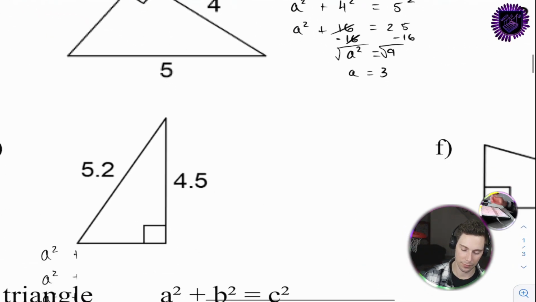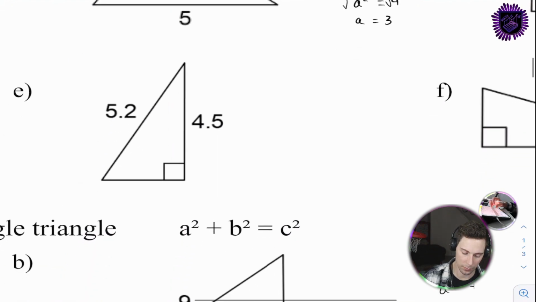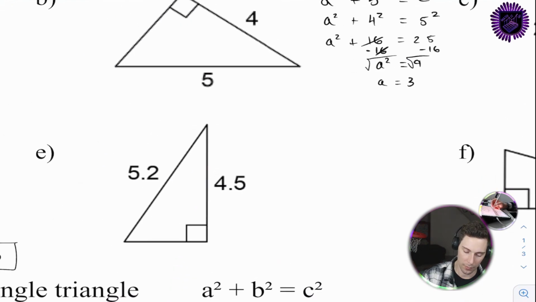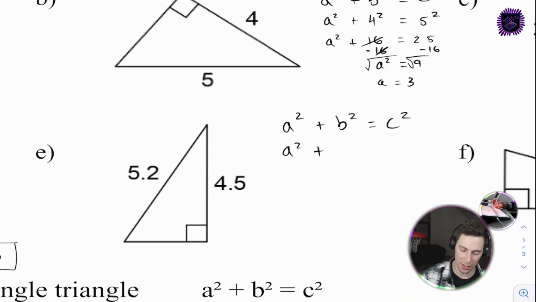Okay. A squared plus B squared is equal to C squared. We do not know A squared, but we do know B is 4.5 squared, and C squared is 5.2 squared.